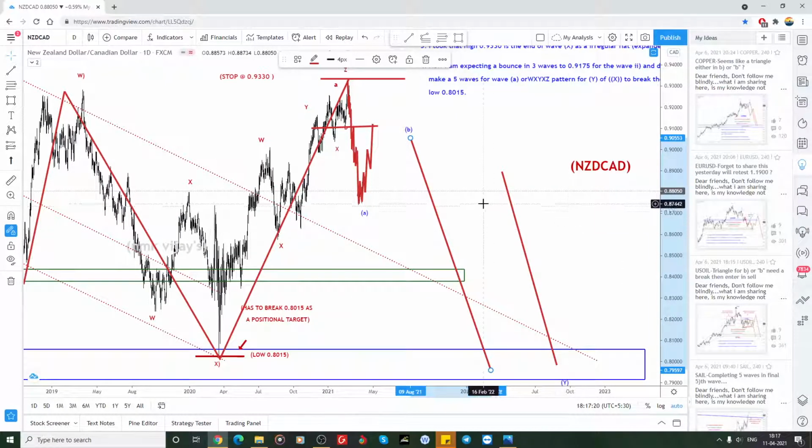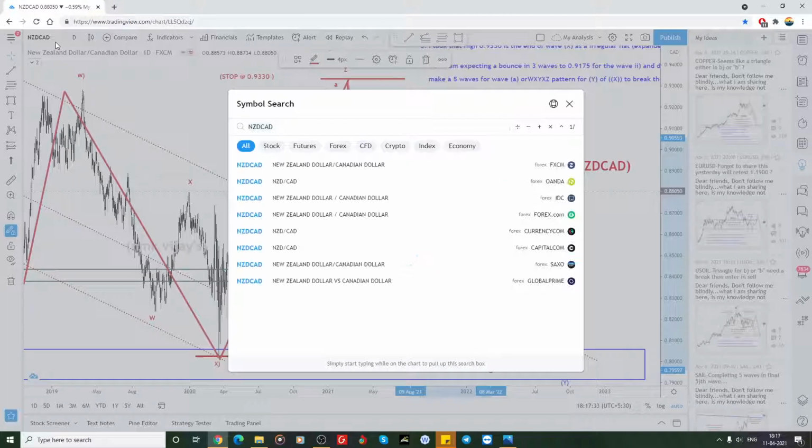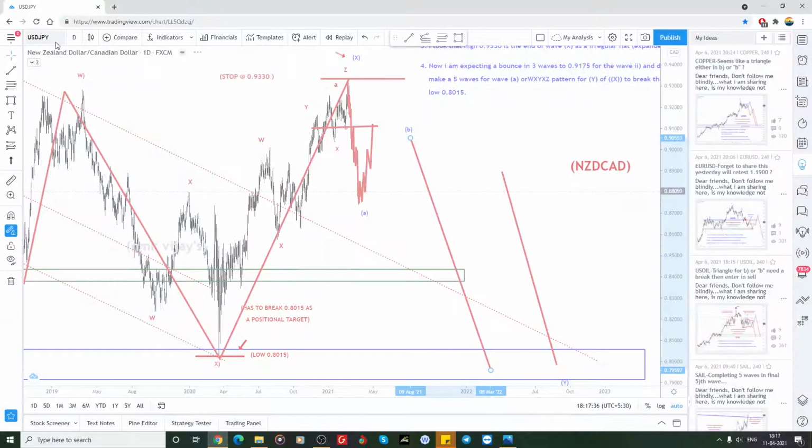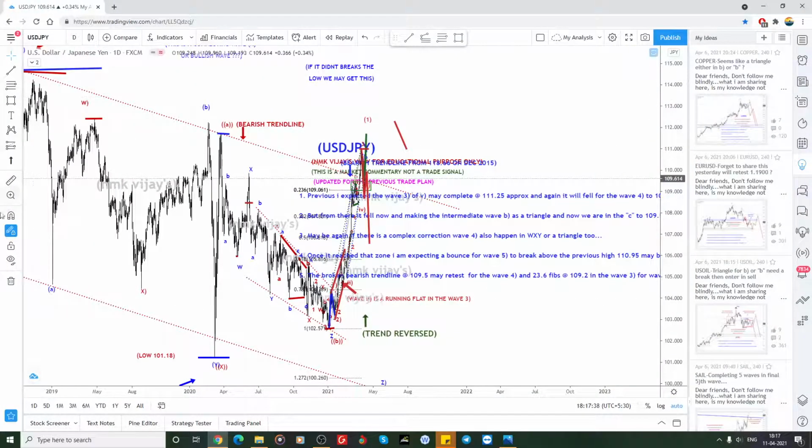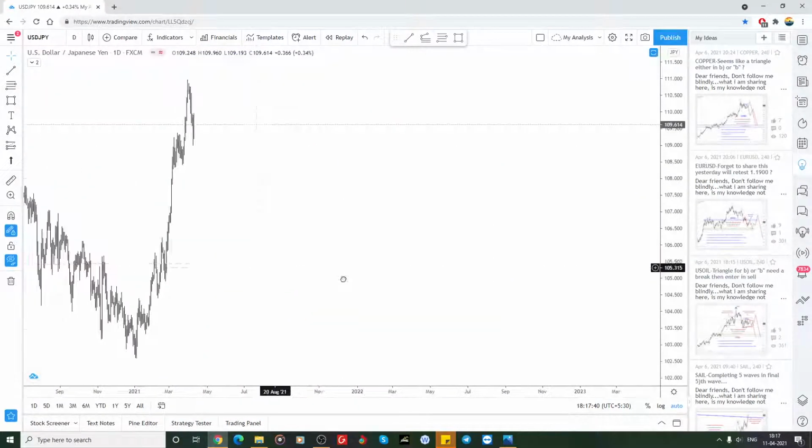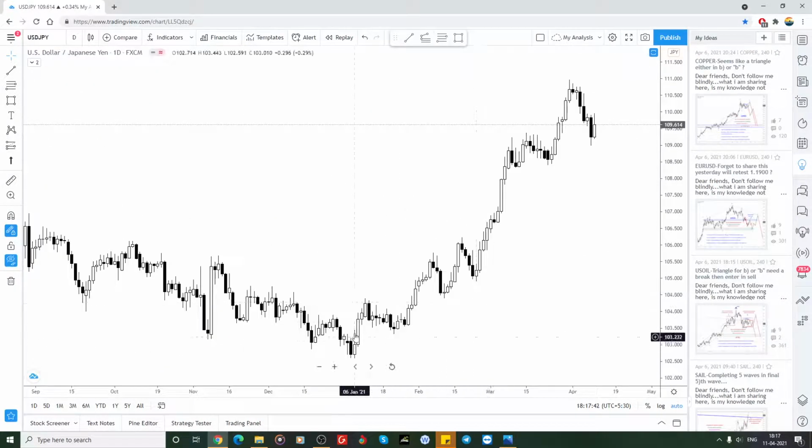It could be, if it breaks above the high, that will be considered as a bigger 3 4 5 ahead. Otherwise we have to mark this as a leading diagonal 1 2 3 4 5, and we may get a bigger deeper correction of 106.8 or 106, like that.